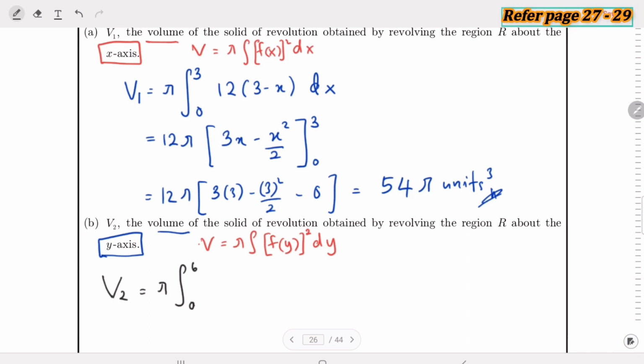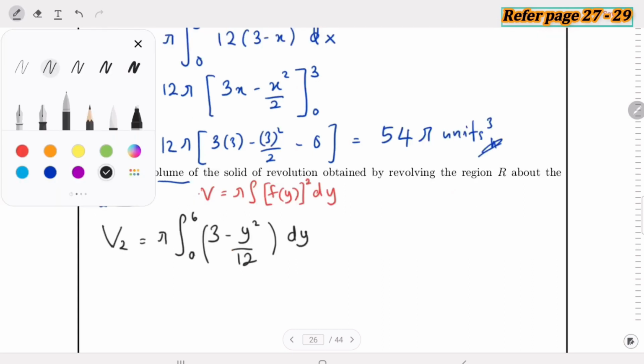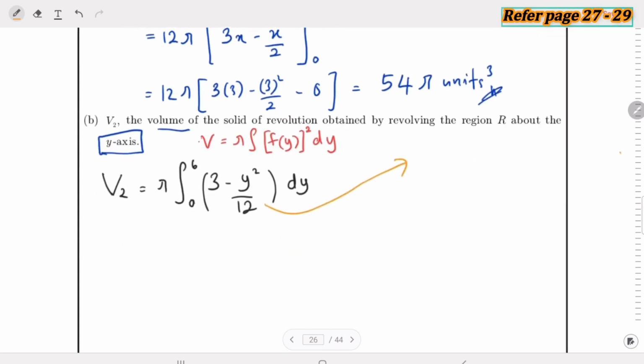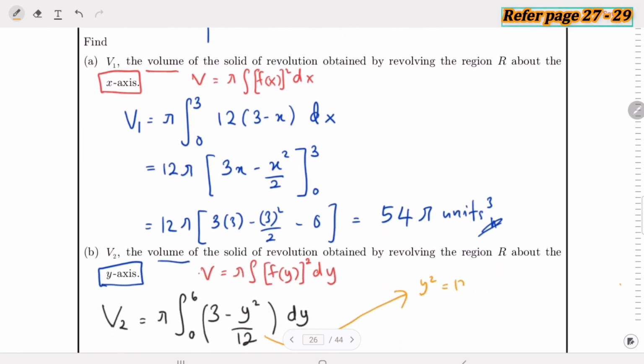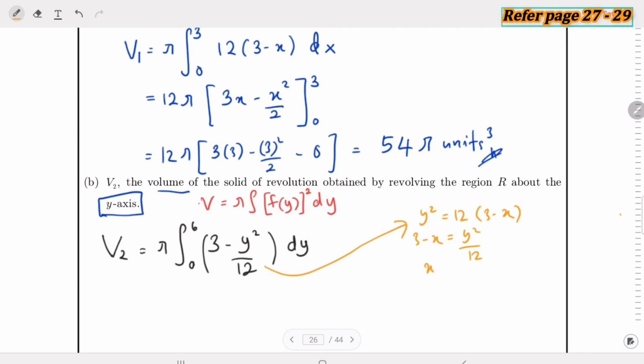I have already transformed it in terms of y only, so it becomes 3 minus y squared over 12, with respect to y. So how do I get this? From the original, we have y squared equals 12(3 minus x), so 3 minus x equals y squared over 12, then x equals 3 minus y squared over 12, a function of y.